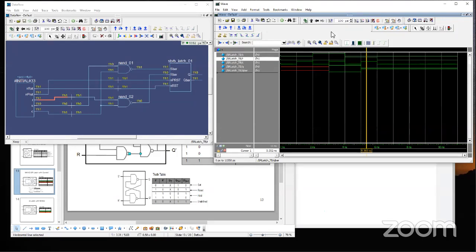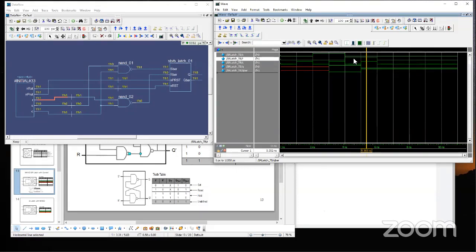So anytime the clock is at 1, then it resets? Anytime the clock or C is 1, but let's not call it a clock. It will become a clock concept, but right now it is a control. As long as this control is 1, only then can you control the inner SBar RBar latch.